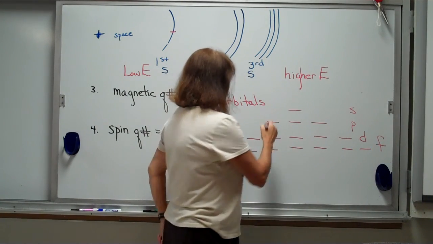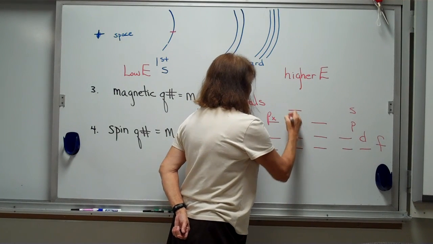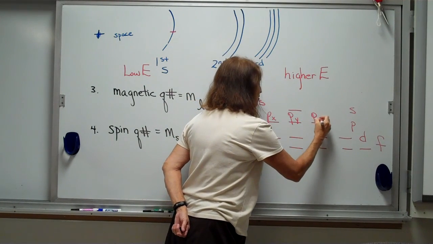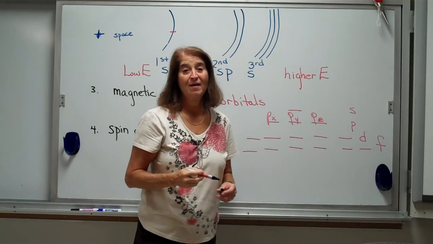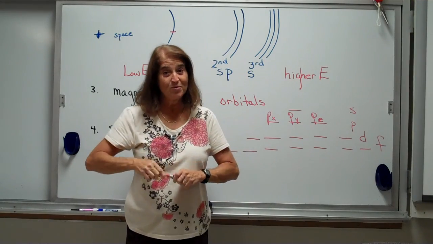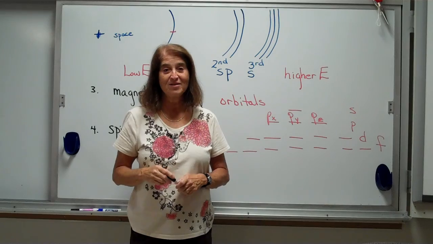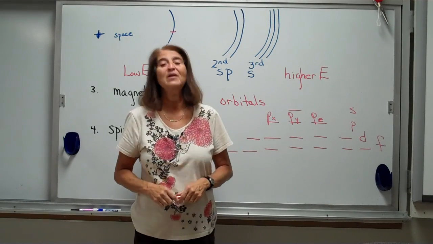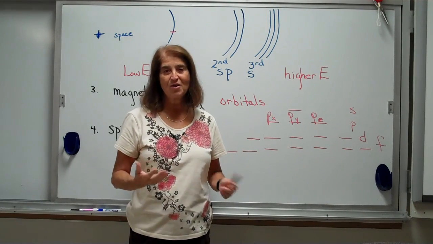You might think about your p's as p in the x, p in the y, p in the z. Well, this will get us ready to do some work in class together and have some great discussions as we explore this further. This is just a good introduction that you should have in your notes.